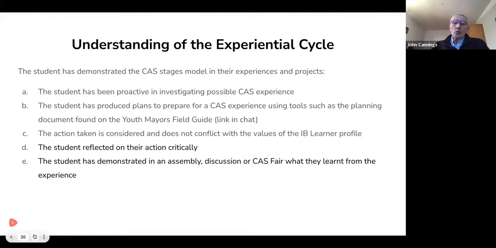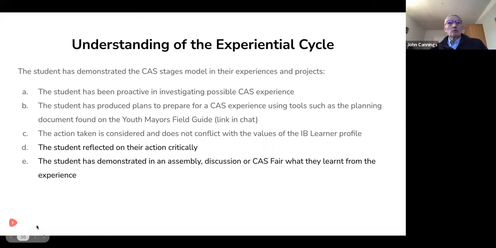So one of the other things that we're expecting to see is that students really show they've understood the experiential cycle that we showed. And one of the things which I often see as lacking is how well students have actually carried out investigation and preparation for experiences.